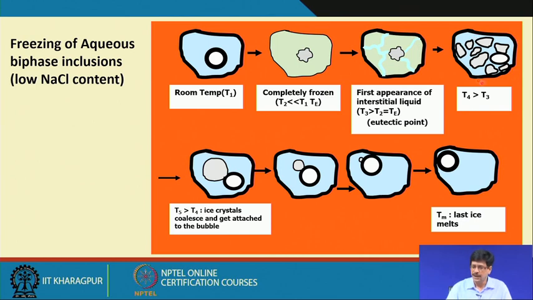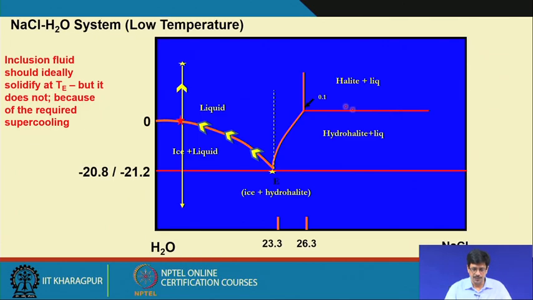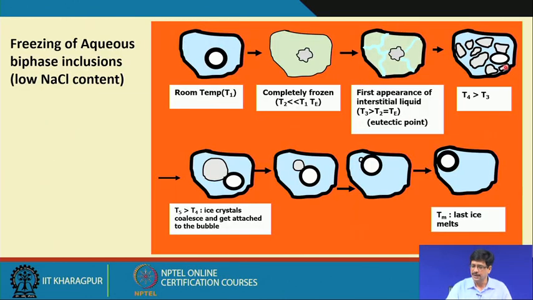Now, if we take an intermediate temperature somewhere on the cotectic, it will be represented by this diagram, where we will see the bubble. The bubble has come back to its original size, but not necessarily the spherical shape, and we will have these ice crystals floating inside the inclusion cavity in the water.